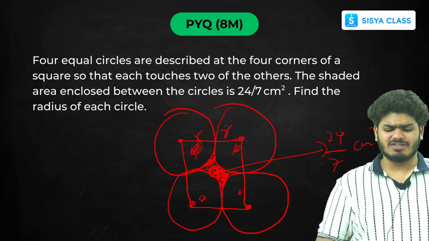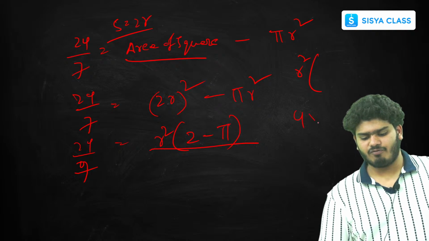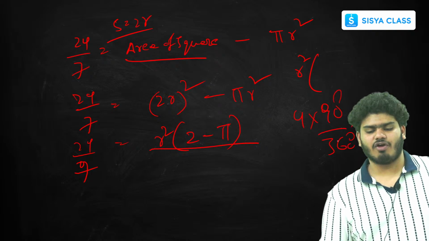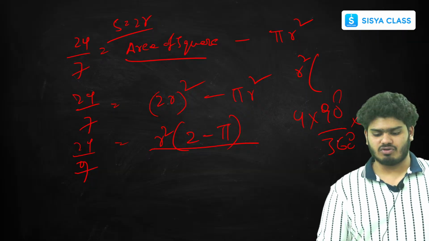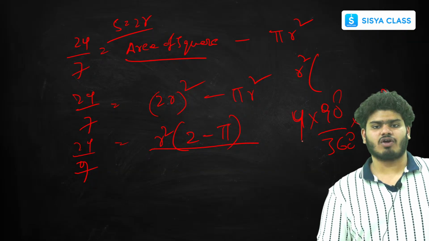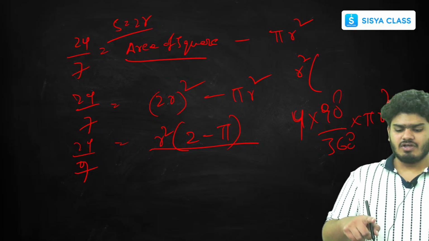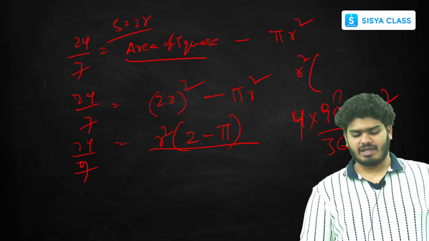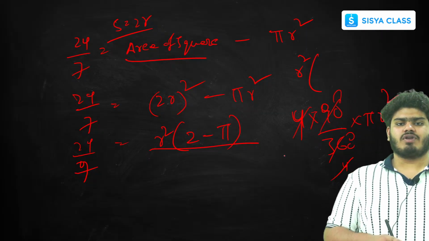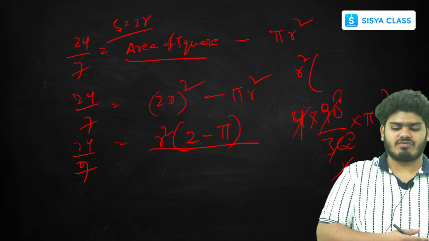Or else we can find out, so that will be 4 into 90/360 into area of sector, then again we get the same thing, into pi r square. Because here there are 4 sectors, each a quarter circle having 90 degrees. So 4 into 90 by 360, 4 times 4 cancel, and again we get pi r square. So that's why I directly wrote the area of the circle. So area of square minus area of circle.